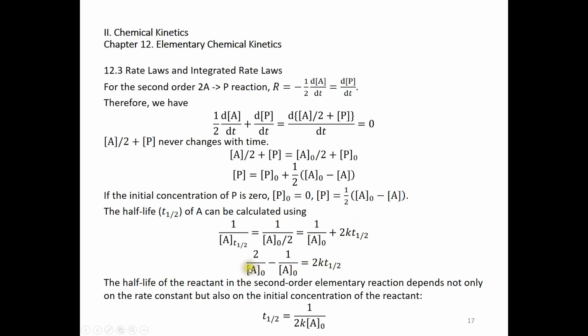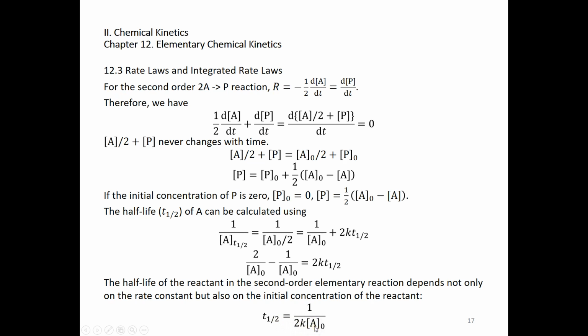It's kind of interesting here. The half-life of the reactant in the second order elementary reaction depends not only on the rate constant but also on the initial concentration of the reactant. Because by looking at this, you know the half-life is 1 over 2k times A naught. It depends on both k and A naught.